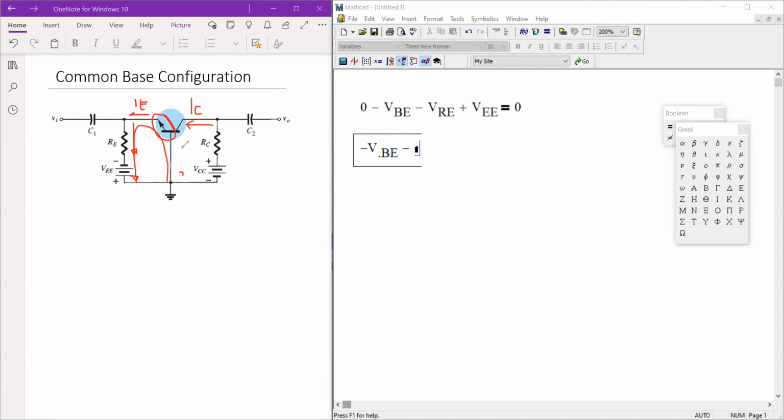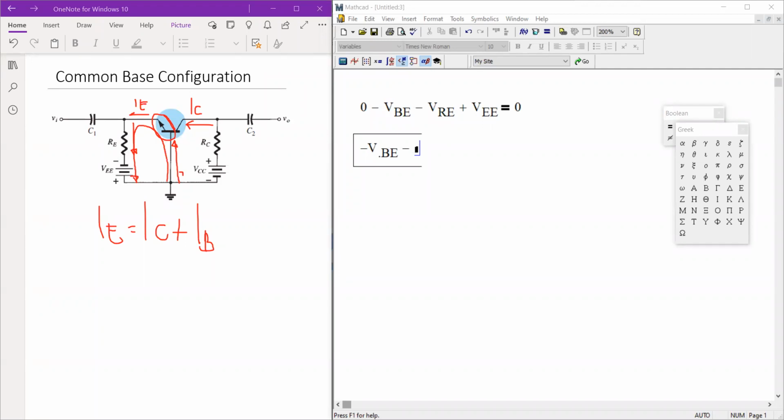Is it going downwards or upwards? As you can see, I sub E is equal to IC plus IB. So meaning IB is going that way. So that's the current flow for common base.